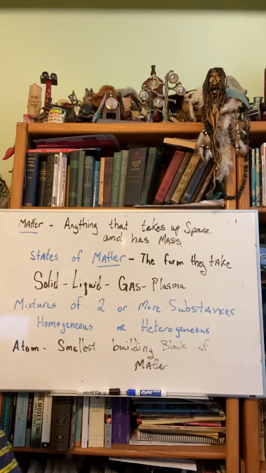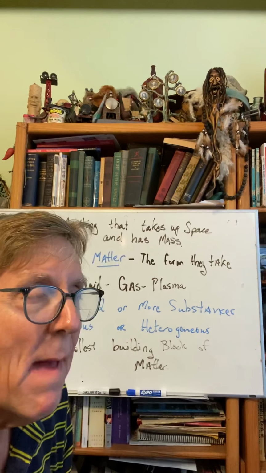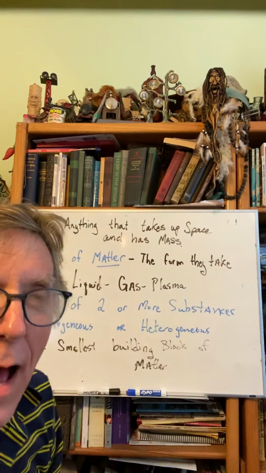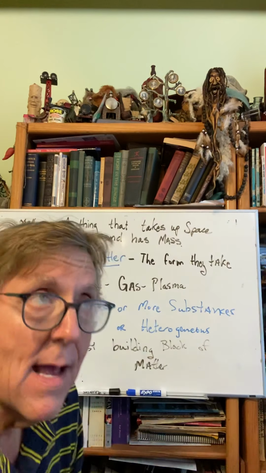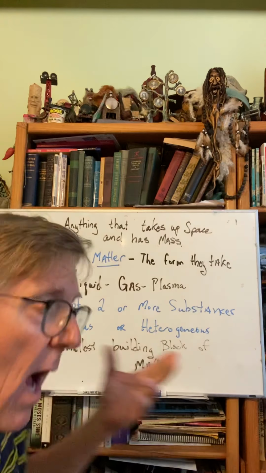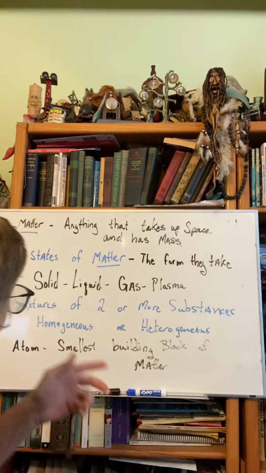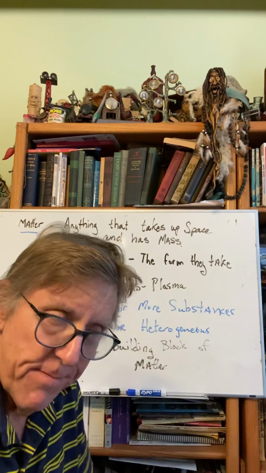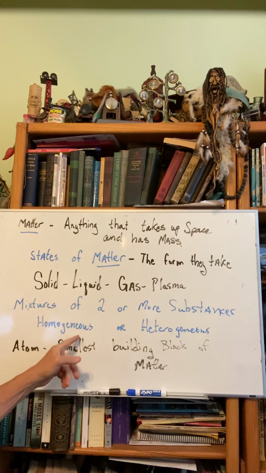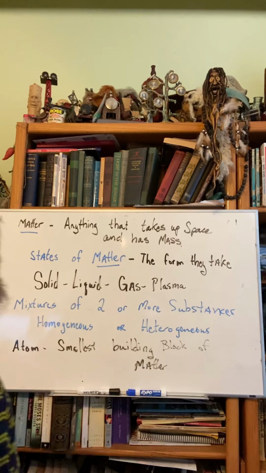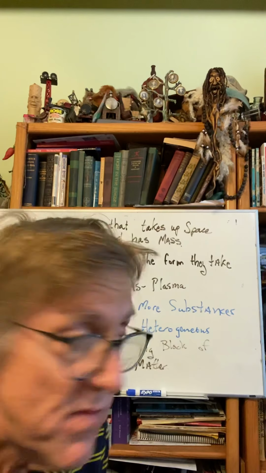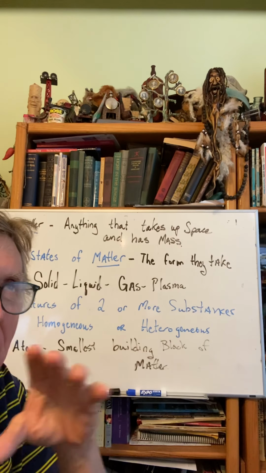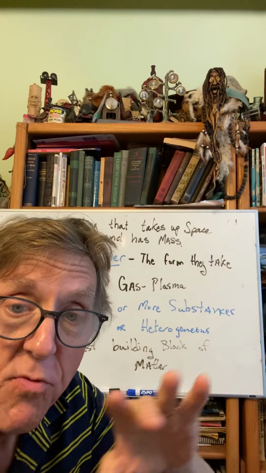So when we have these things, this matter consists of atoms which are categorized as elements. And so when you have different kinds of atoms and you mix them together, you can have what we call a homogeneous mixture, or you can have a heterogeneous mixture. Homogeneous means that it is uniform throughout.